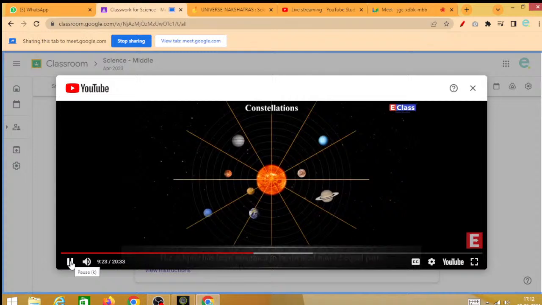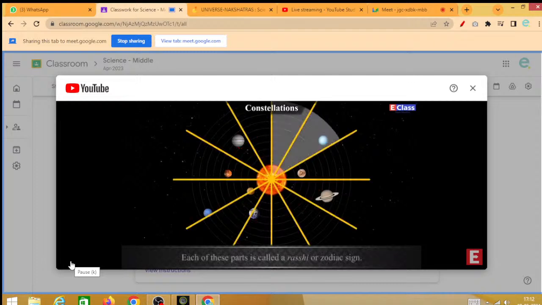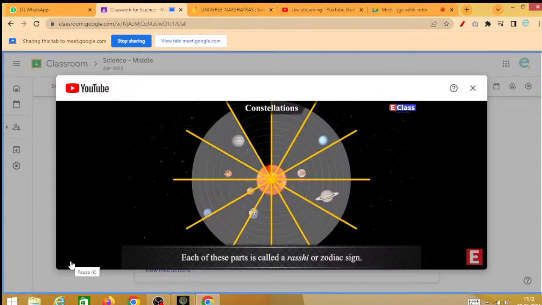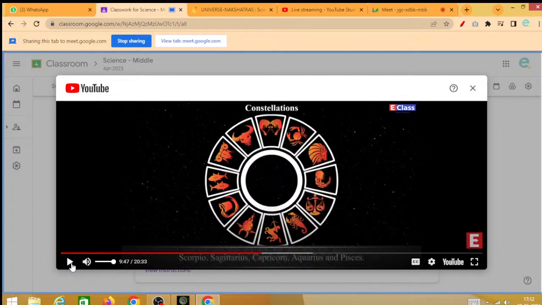Equal parts. Thus, each part subtends 30 degrees at the center of the celestial sphere. Each of these parts is called a Rashi or zodiac sign. They are named Aries, Taurus, Gemini, Cancer, Leo, Virgo, Libra.